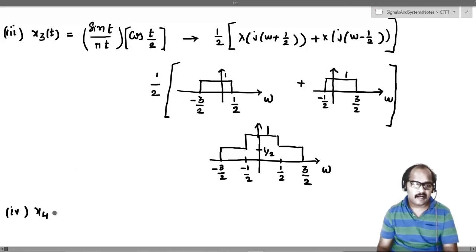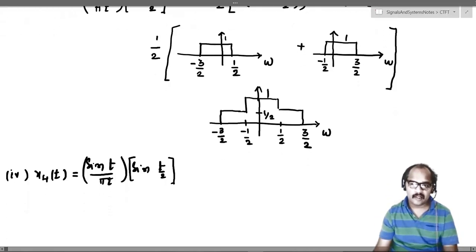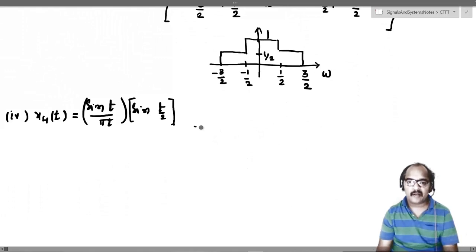Okay, so similarly, let us see the fourth example. Let's take that to be x4 of t, which is equal to sin t by pi t. And this is multiplied with sin t by 2. Not cos t by 2, but sin t by 2. So what should be the corresponding Fourier transform? If you remember, this will have j by 2 because of the 2.